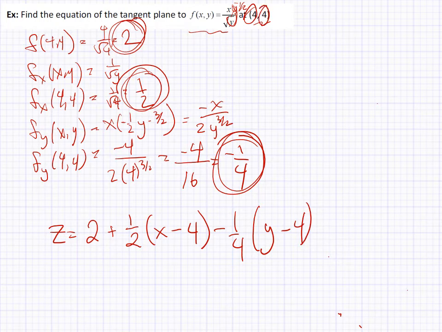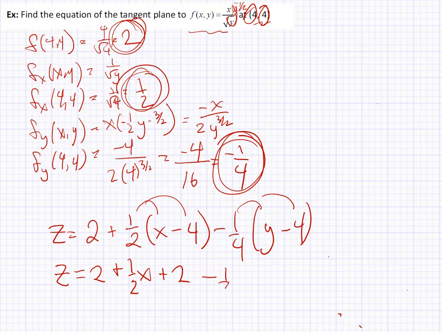We usually don't write the equation of the plane like that. I mean, typically we use the standard form. So I would multiply this in here and here. So I would have z equals 2 plus a half x minus 2 minus a fourth y plus 1. Group all my x's and y's together, so I can just dump everything over to the left-hand side.